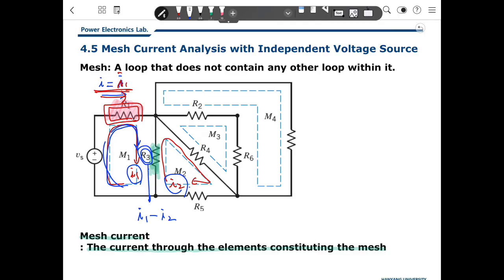So I would like to say mesh current is not the same as the current flowing through a specific element. The current flowing through a specific element is a kind of function of the mesh current. That is a very special and important thing for using mesh current analysis.